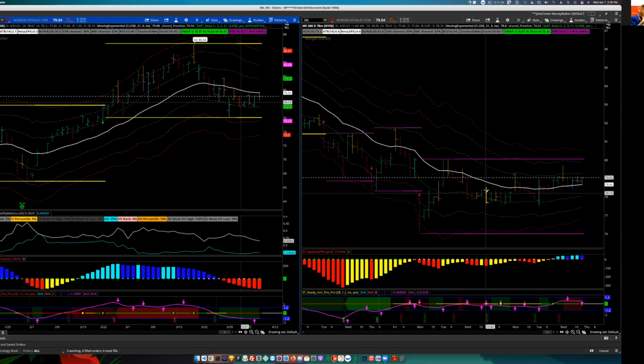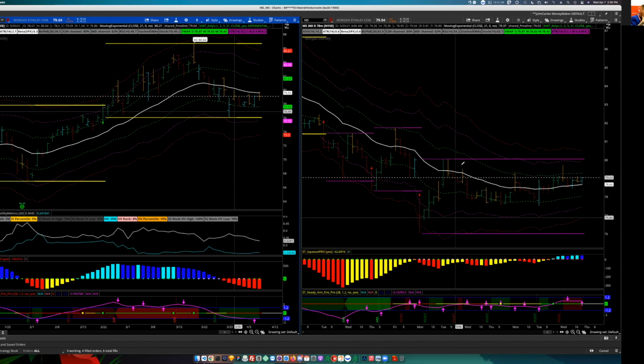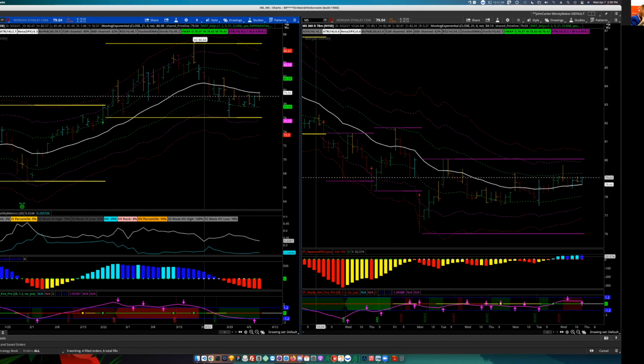I'm using some colored bars to indicate momentum and direction. Down here we have the Squeeze Pro and the Ready and Fire, which are both proprietary from Simpler Trading.